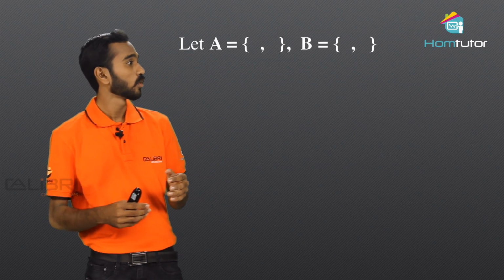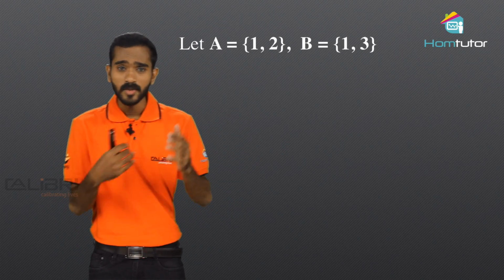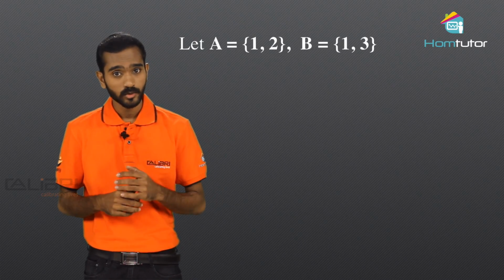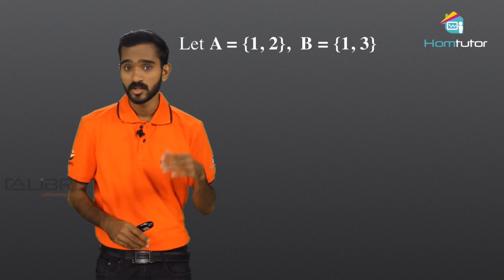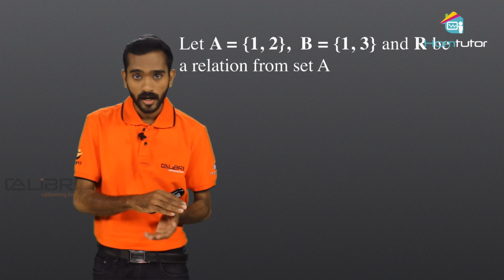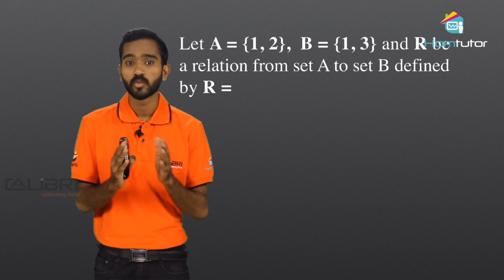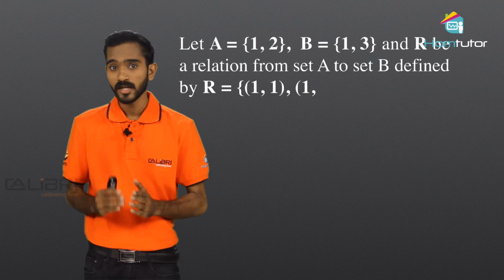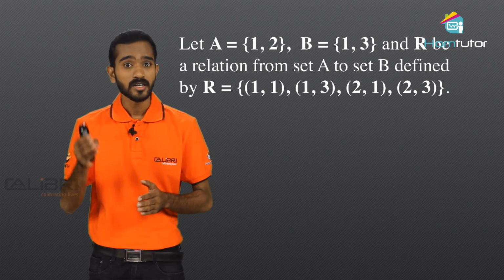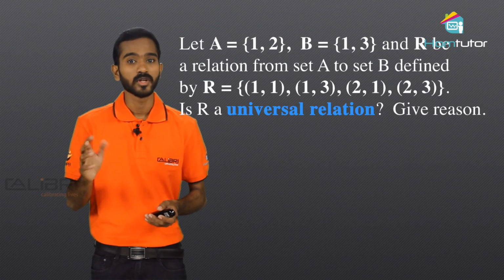Now, the relation R is defined from set A to set B such that R is equal to the set of ordered pairs (1, 1), (1, 3), (2, 1) and (2, 3). Now the question here is, listen carefully, is R a universal relation?